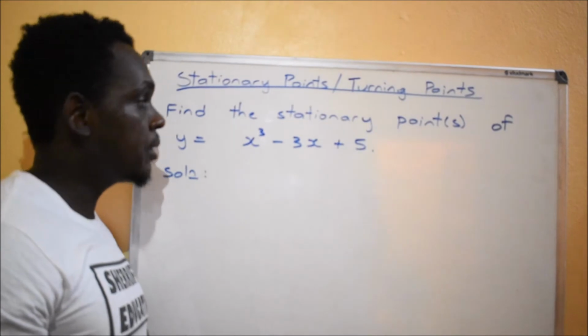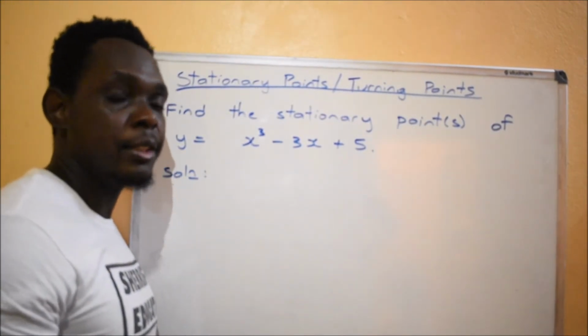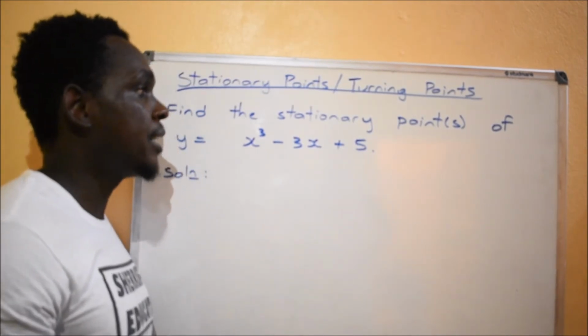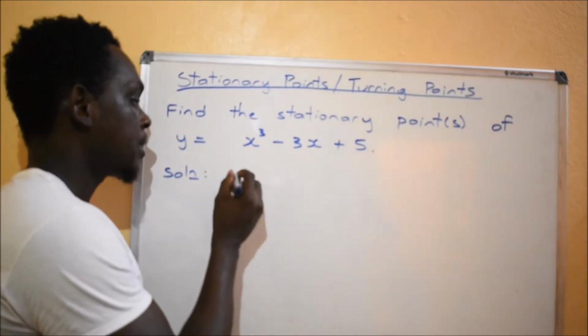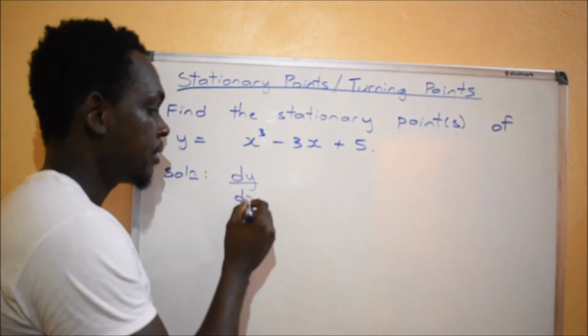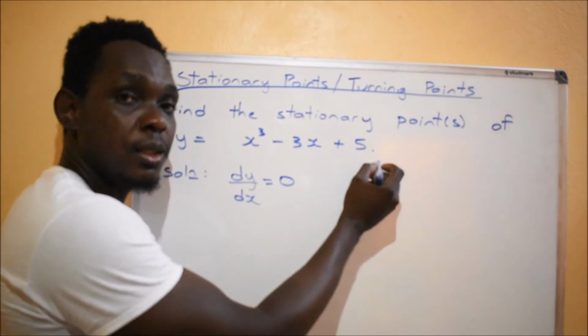Alright, so now we look at how we use the fact that at the stationary point, dy by dx, the derivative, is equal to 0 to find the coordinates of the stationary point. So recall that at the stationary point, dy by dx is equal to 0. So it means that we need to differentiate our function.